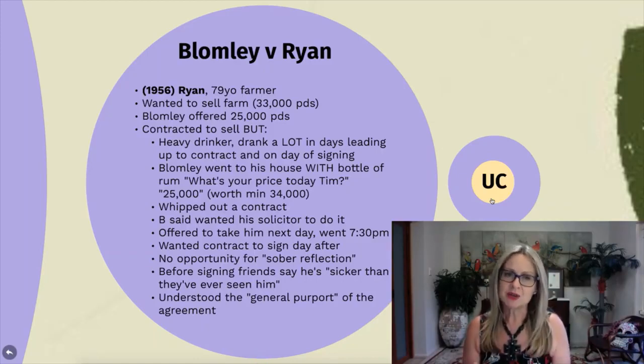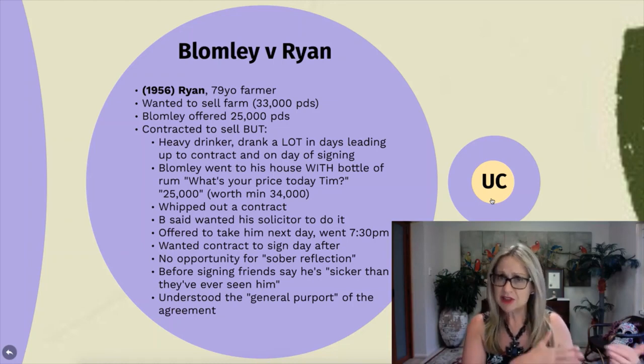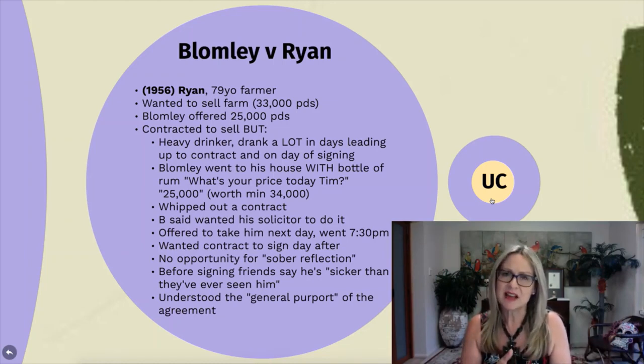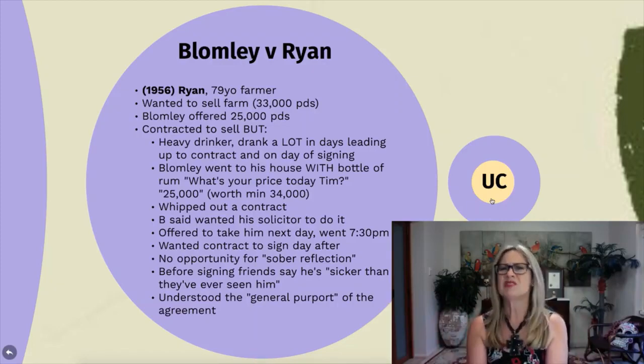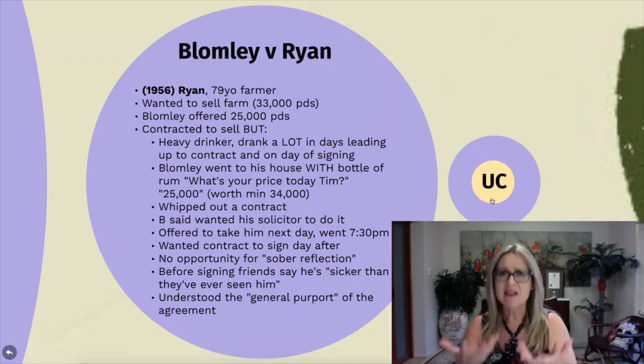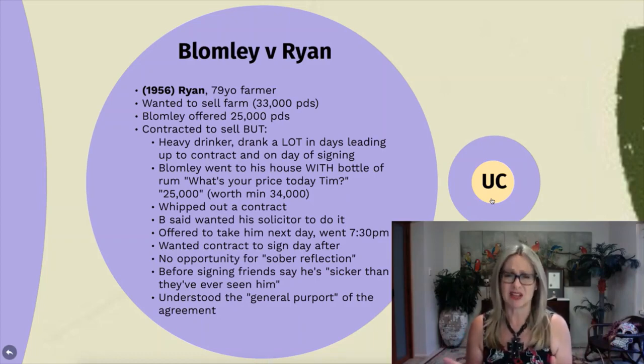What they argued was that, even if he had a general understanding of the purport of the document that he was signing, what was the context in which this whole contract sprang into existence? Well, that whole context was pretty on the nose, wasn't it?